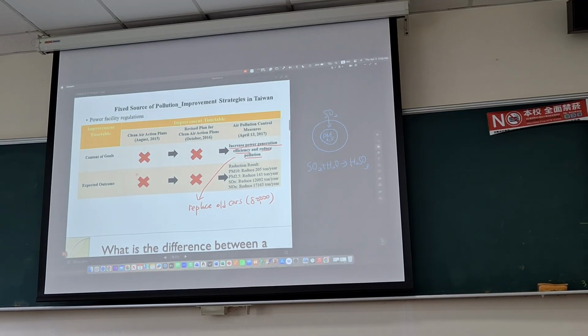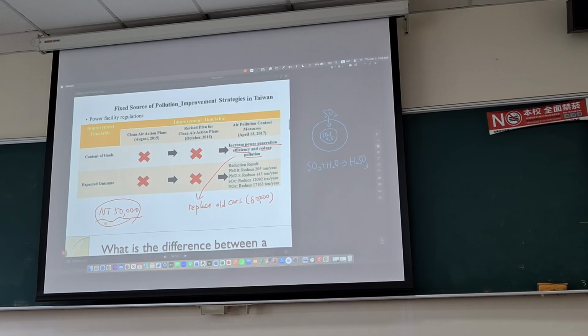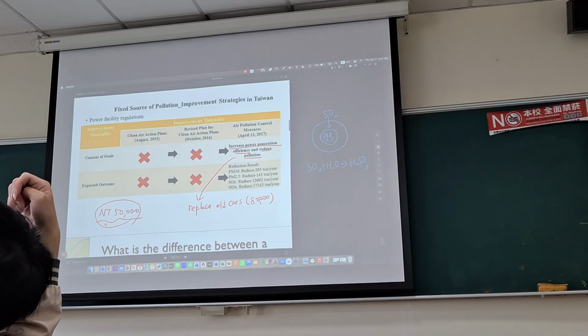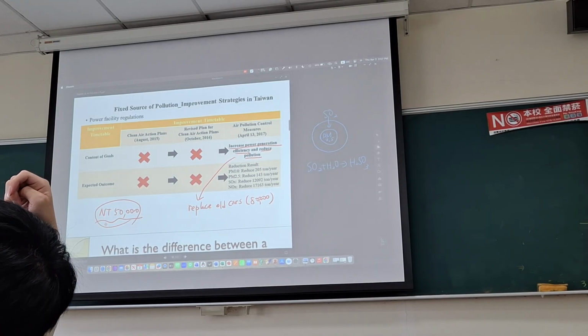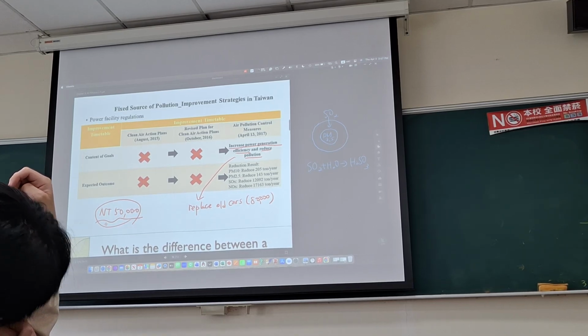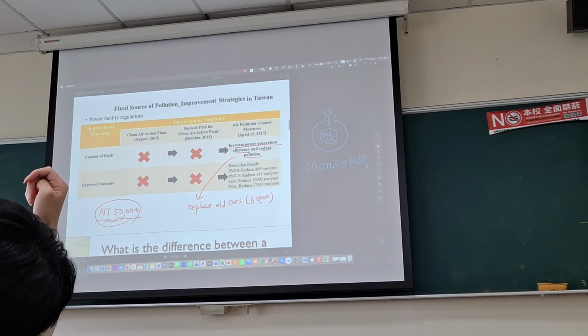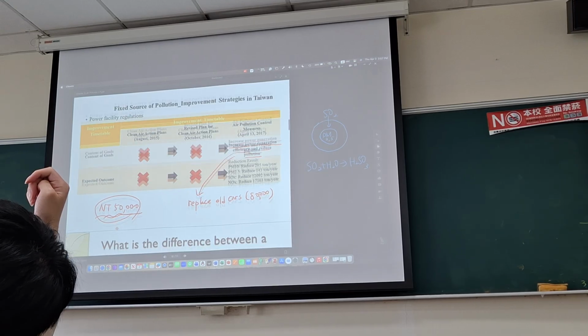If I remember, it's NT$50,000. You will receive NT$50,000 if you want to replace your old car and buy a new car, because some old cars actually have a value less than that. So the Taiwanese government gives money to citizens. If you want to replace your old car and buy a new car, you will receive NT$50,000.